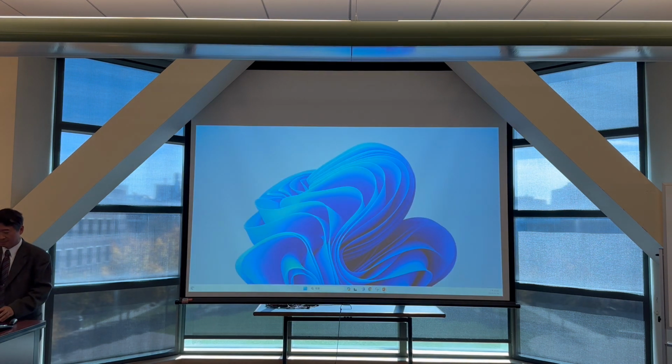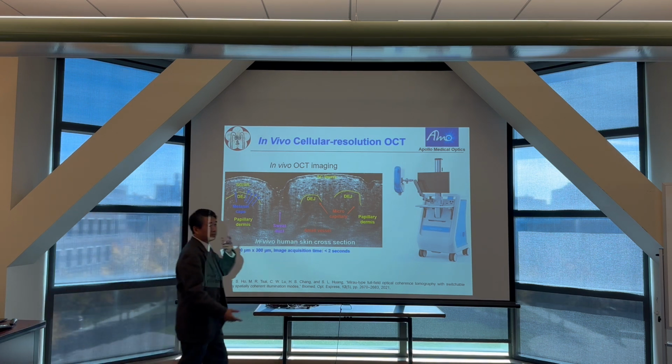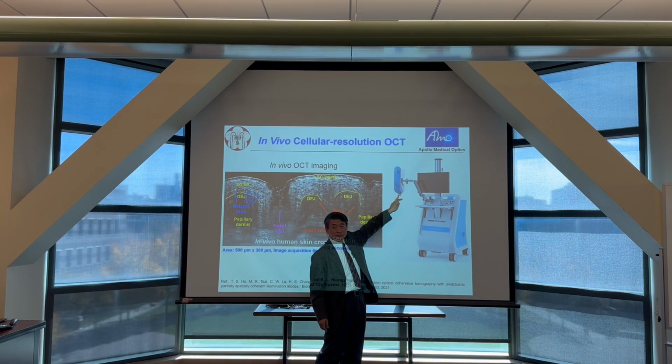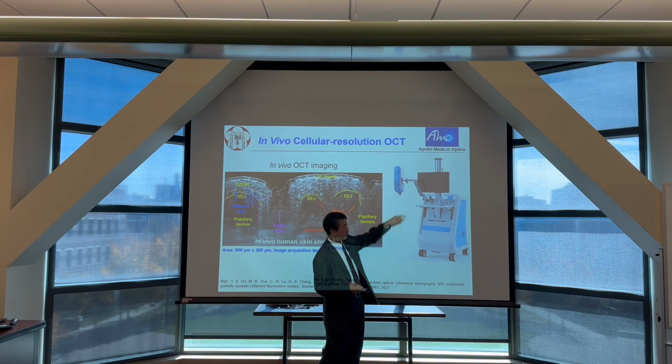So right now for the in vivo imaging, we have a prototype, I think, around this slide. So basically, the physician uses this probe. When they look at your lesion, they can decide where to probe.